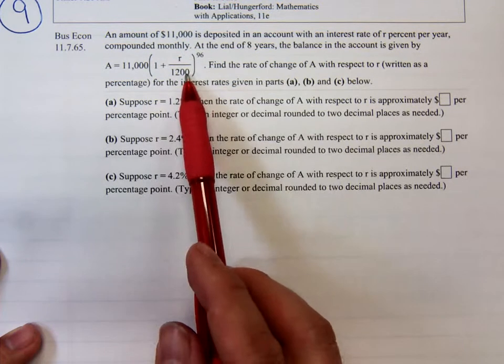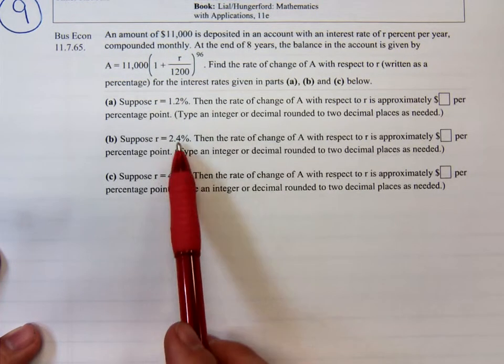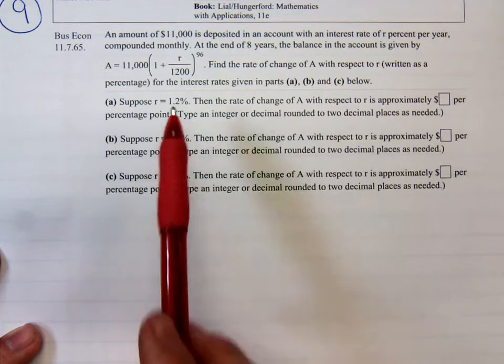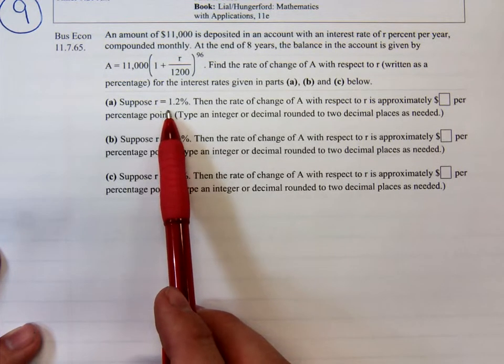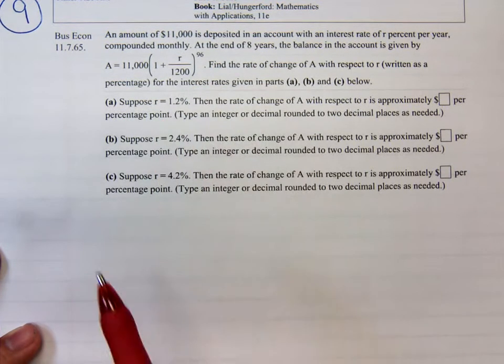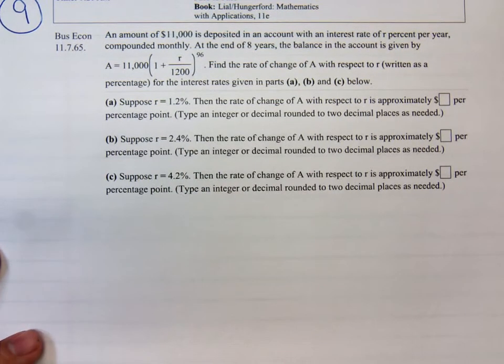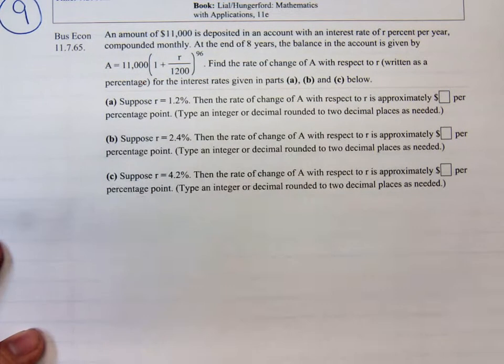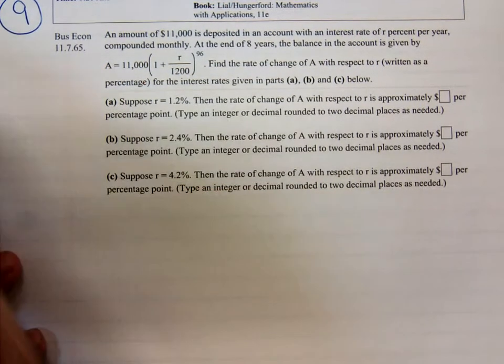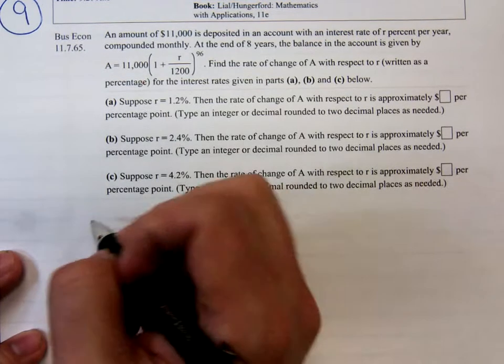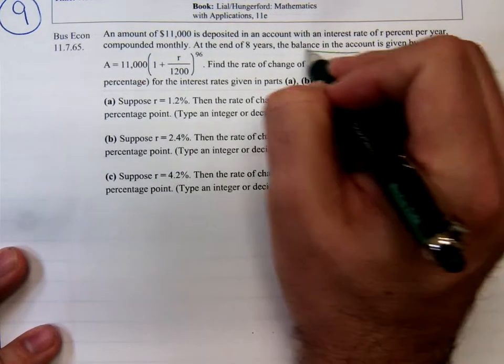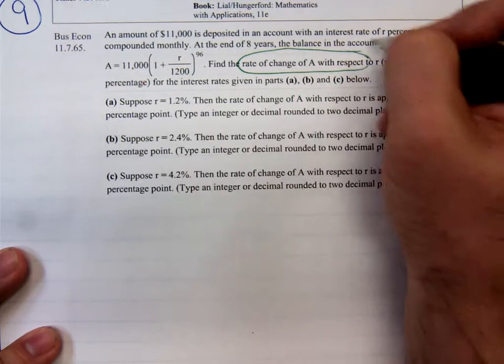So when we get down here to A, B, and C, you don't have to convert the 1.2 to 0.012. You just plug in 1.2, 2.4, and 4.2. But for our purposes, we have to find the derivative. So let me recopy the problem. Here's the function. And that rate of change, that's the thing that says find the derivative.